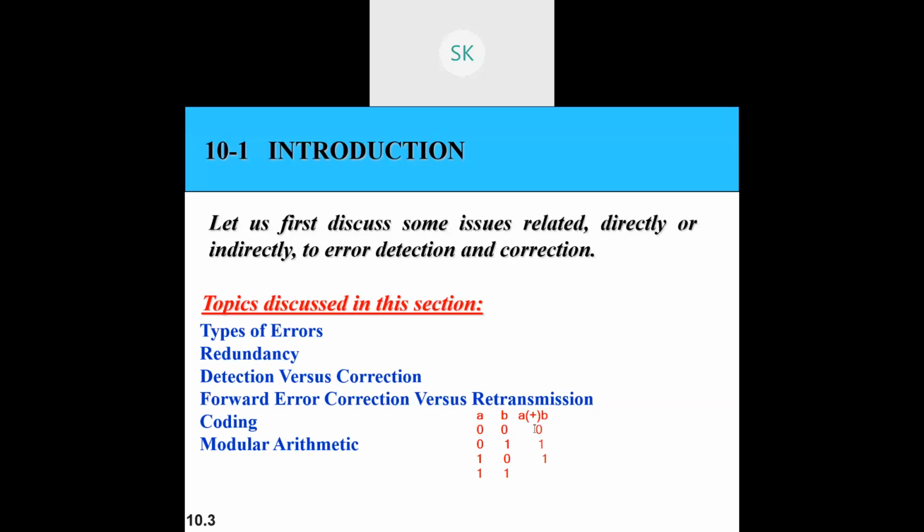Where the bits are the same, the result is taken as 0. This is the output, what we have just studied with respect to the XOR operation. The same thing is nothing but modular arithmetic, which is equivalent to the XOR operation, normally denoted as a plus sign.